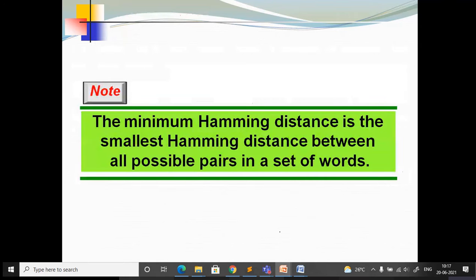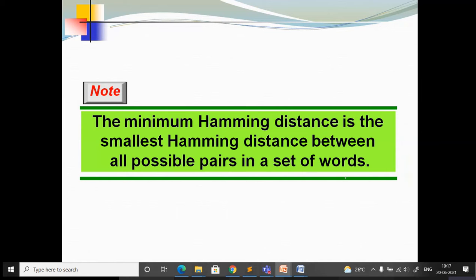Okay, so what is the minimum Hamming distance here? Your minimum Hamming distance indicates the smallest Hamming distance between all possible pairs of a set of words. Okay, so it is just a collection. How are you going to calculate the minimum Hamming distance?